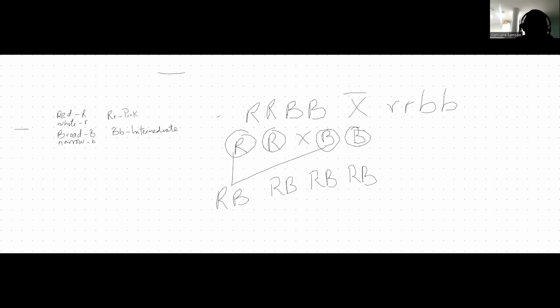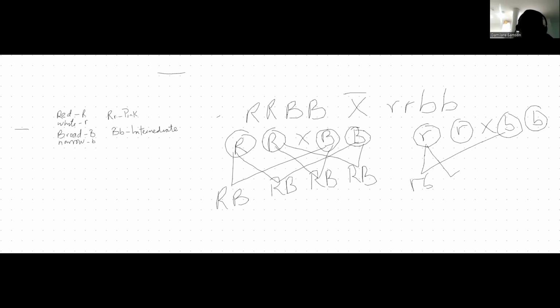I'm just doing this because I'm using this whiteboard. Okay, I've corrected it. So here now will be small r, cross with small b and small b. So you have Rb, you have Rb, you have Rb. Sorry, this is small letter r. This is one of the mistakes we do talk about. And small r.